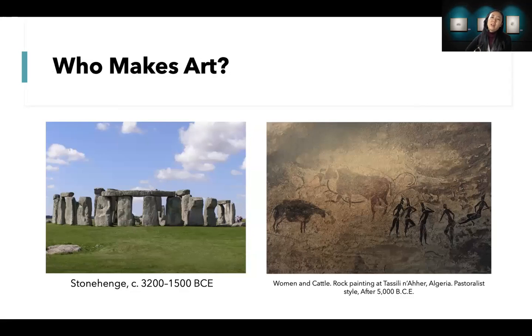And who makes art? In general, art from earlier cultures was communal. It was a communal effort in which spirituality and the notions of the cycle of life were common themes.